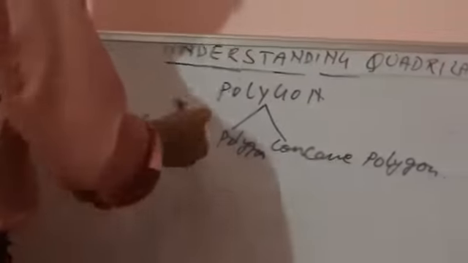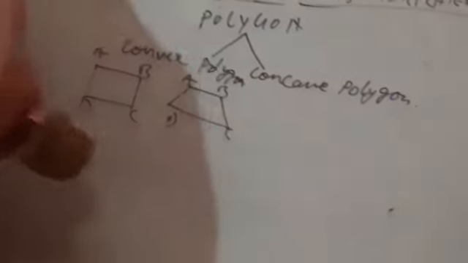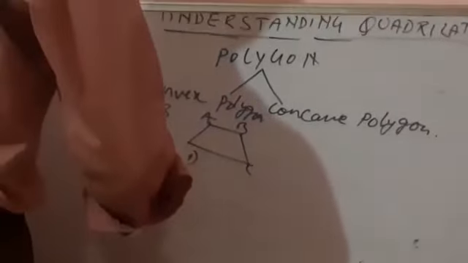In the convex polygons that we are dealing with, suppose I am making here a rectangle, here a trapezium, many more things you could make.